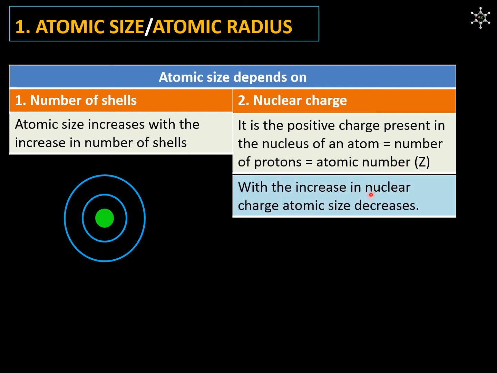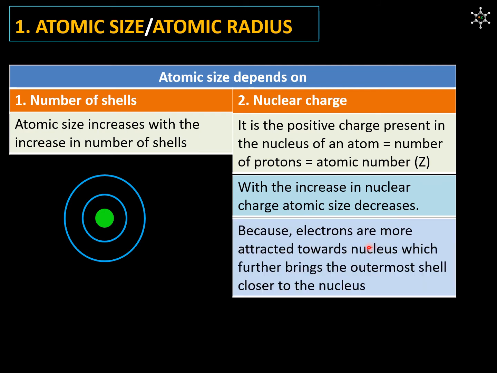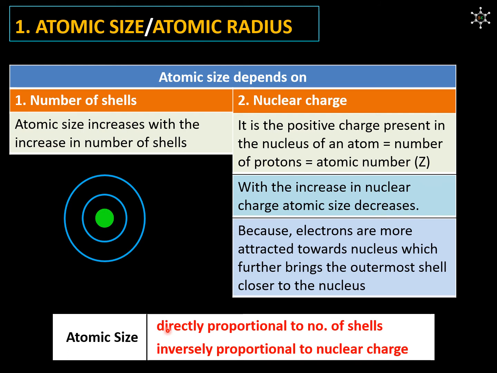As we increase the nuclear charge, atomic size decreases because electrons are more attracted towards the nucleus, which further brings the outermost shell closer to the nucleus. So, atomic size is directly proportional to number of shells and inversely proportional to nuclear charge.